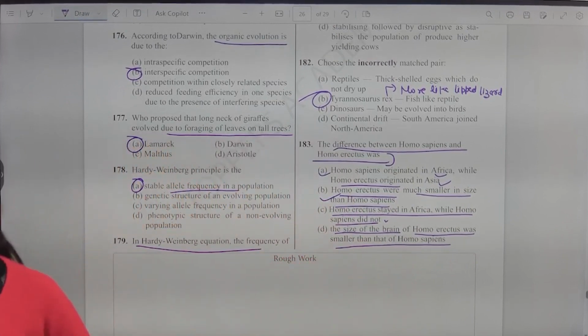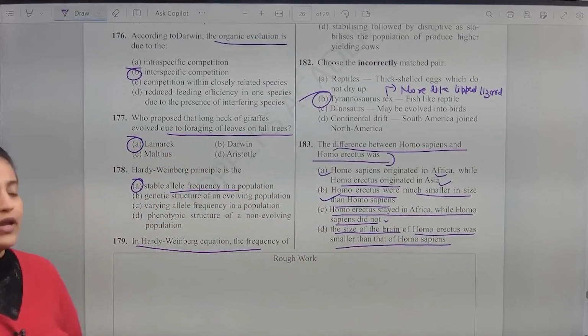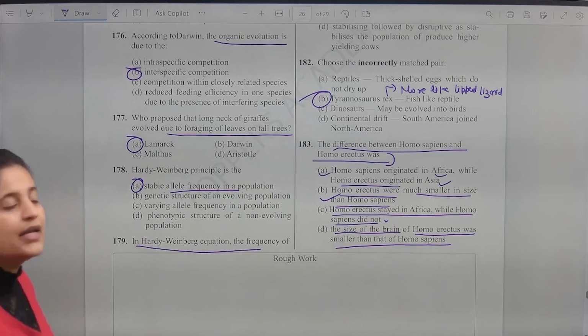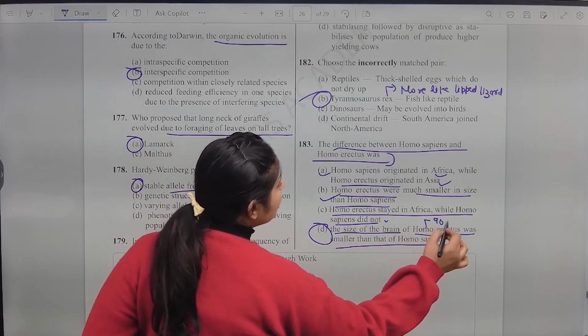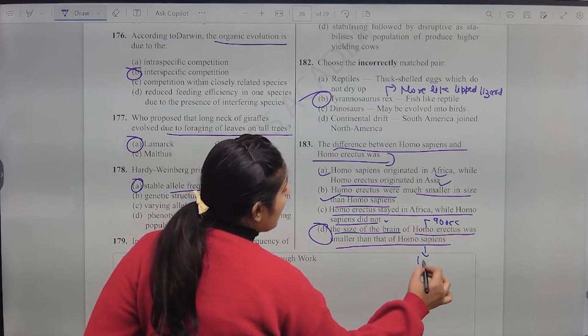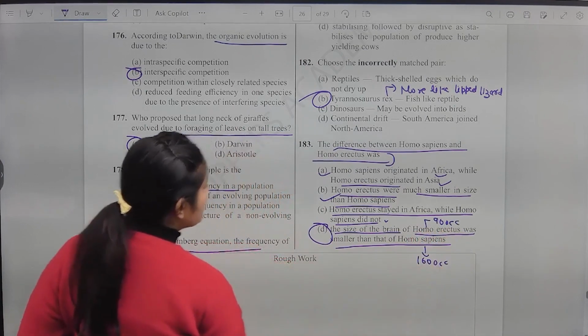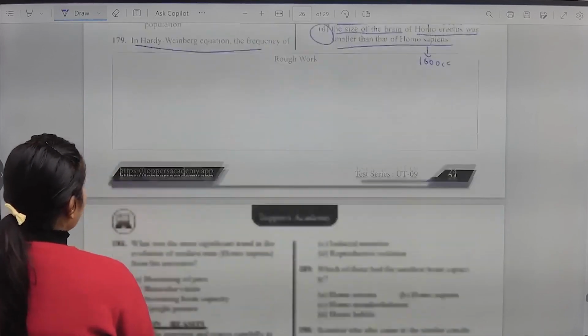It is incorrect. The cranial capacity of Homo erectus is 900 cc, whereas the cranial capacity of Homo sapiens is 1600 cc. This one having 900 cranial capacity, this one having 1600 cranial capacity. The correct answer is D.